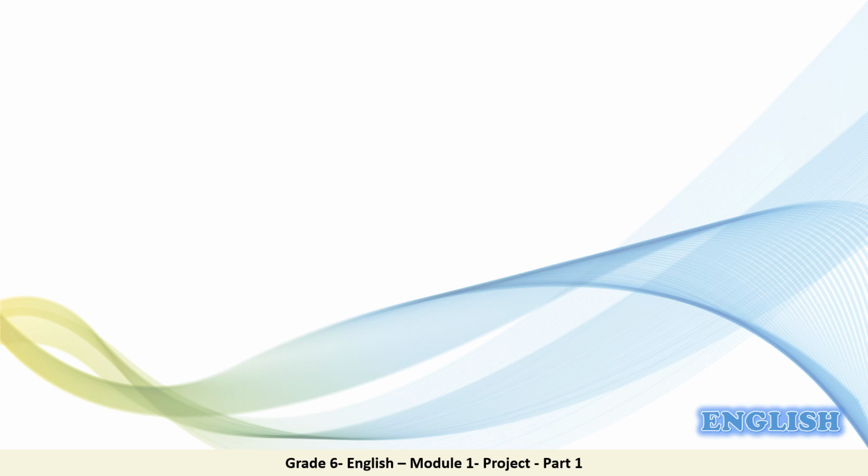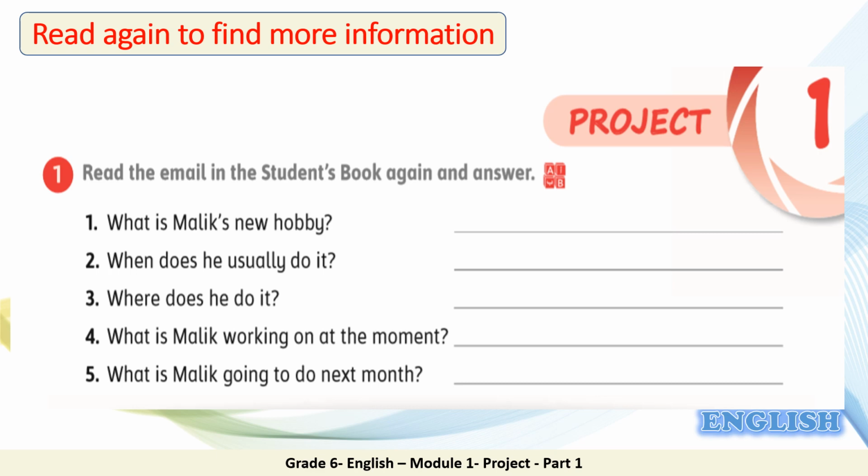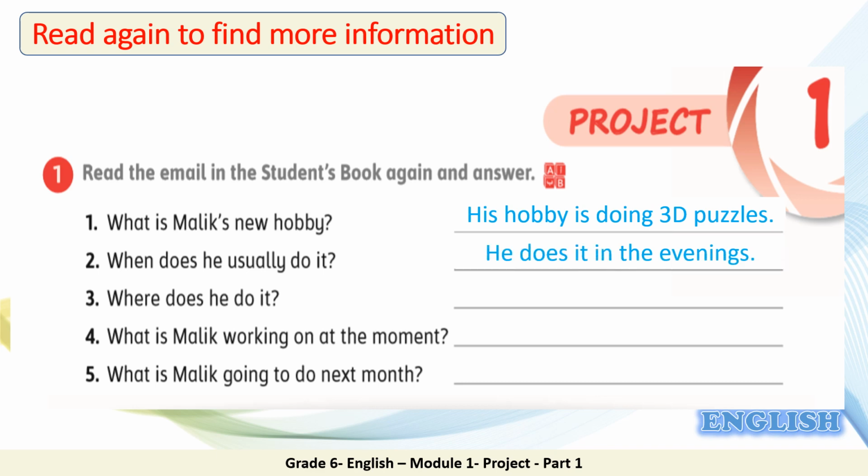Okay, let's see if you got them all correct. Question 1. What is Malik's new hobby? His hobby is doing 3D puzzles. Very good. Question 2. When does he usually do it? He does it in the evenings. Very good.